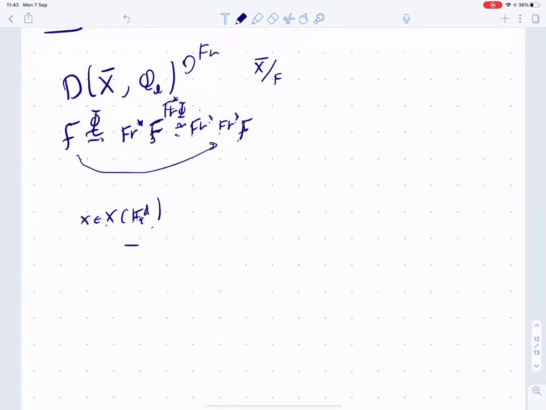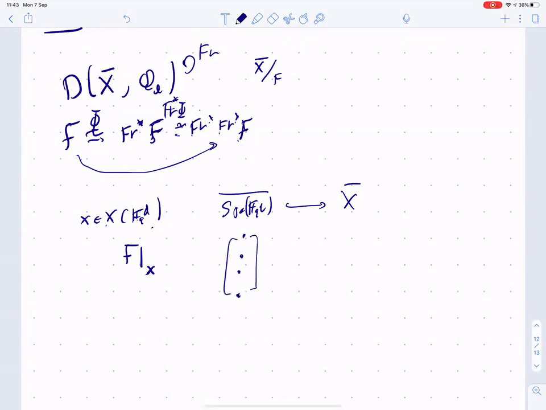I can look at the stalk of F restricted to X, and if I'm thinking about X as a variety over the algebraic closure, since I'm looking at Spec F_q^d and I base change it to the algebraic closure, well, this looks like D different points.